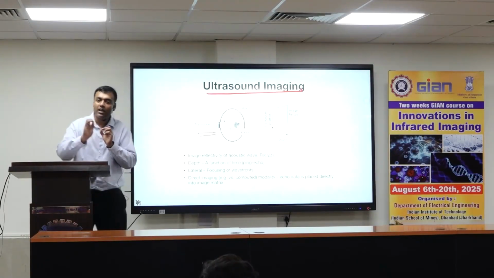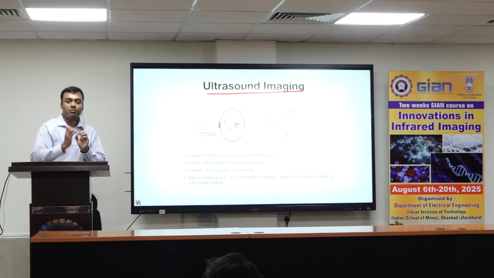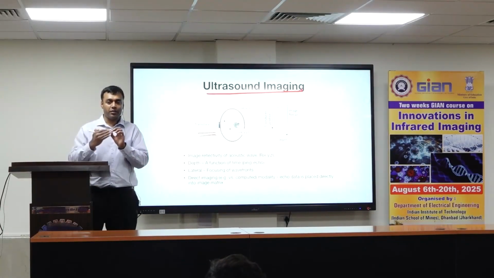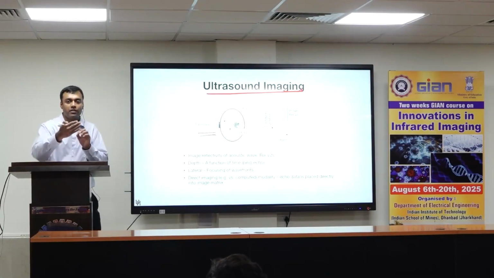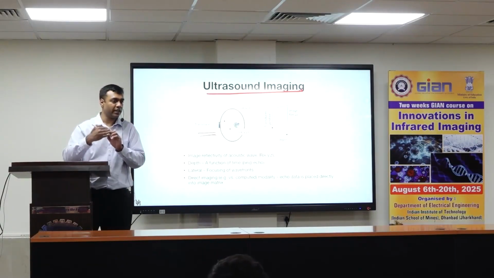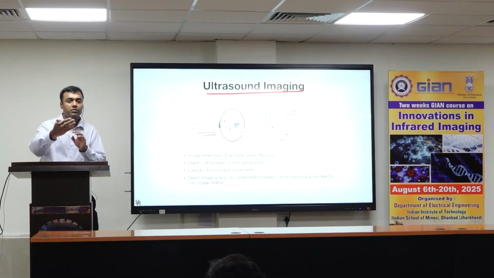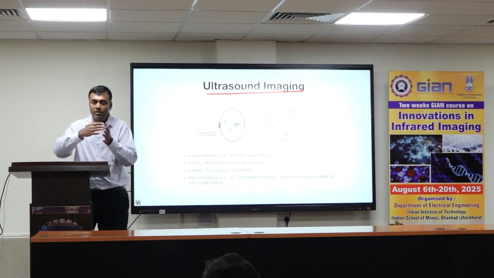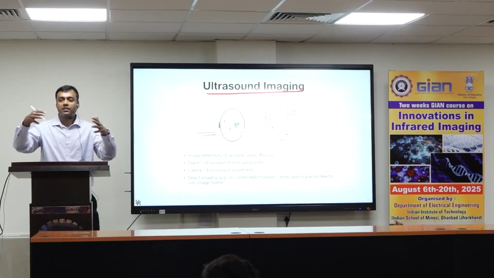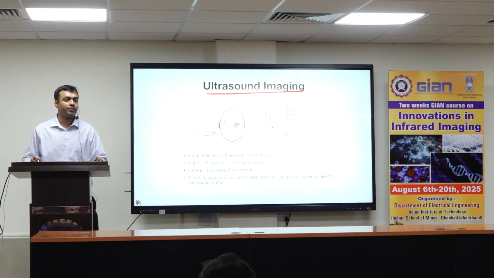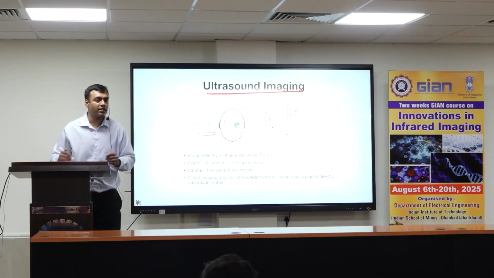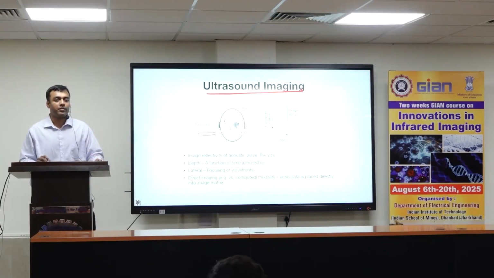By measuring the time it takes for the sound to come back, you know how far from the transducer the obstacle which reflected it is. By making a sequence of measurements in different directions, you can construct the 3D structure of objects, tissue, and organs inside the body.